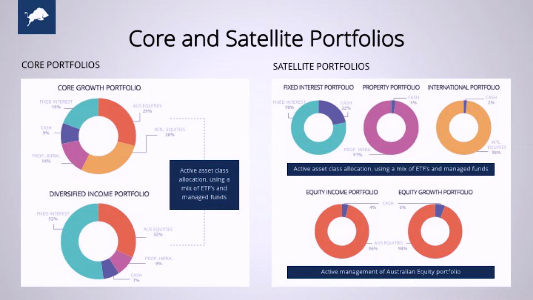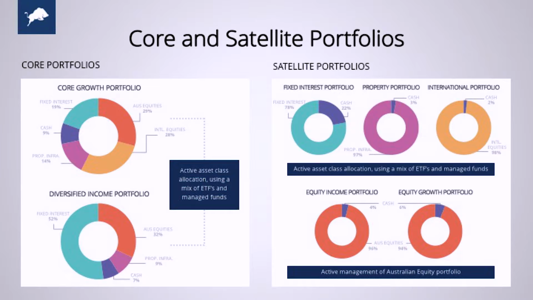Or they can choose to use it as an anchor or a benchmark, or the core of their portfolio, as the name might suggest. And then they might want to individually select something like an actively managed approach with our Intelligent Investor Equity Income portfolio or the Intelligent Investor Equity Growth portfolio to try and get a bit of that outperformance and that enhanced yield coming from the equity income portfolio.